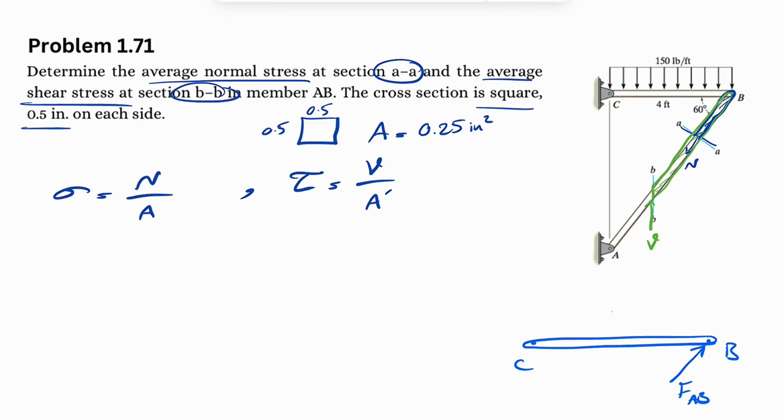And we have the distributed load that is applying on top, which we know, because it's a symmetrical rectangle, is going to be exactly at the center, so 2 feet from each side, and the magnitude would be 150 times 4 or 600 pounds.